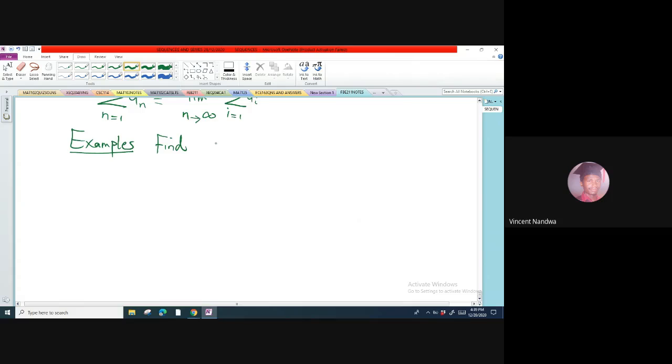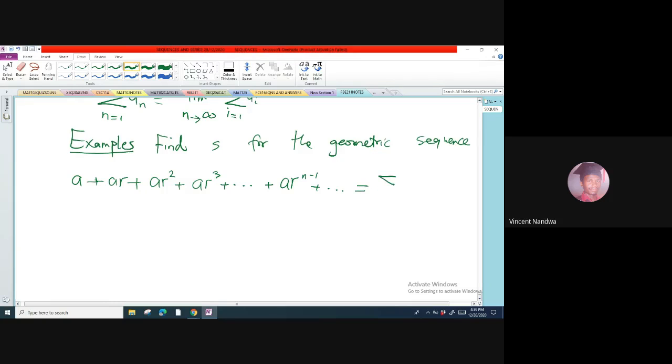Find S for the geometric sequence. So therefore, remember, for this geometric sequence from our high school knowledge, A is called the first term, R is called the common ratio.